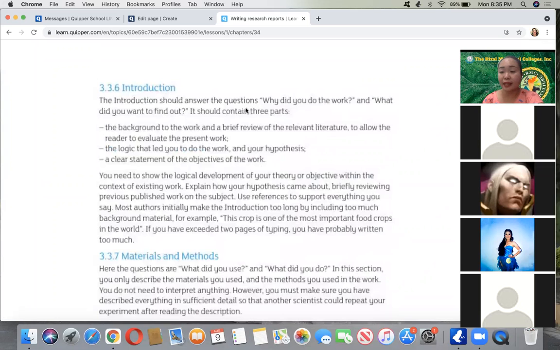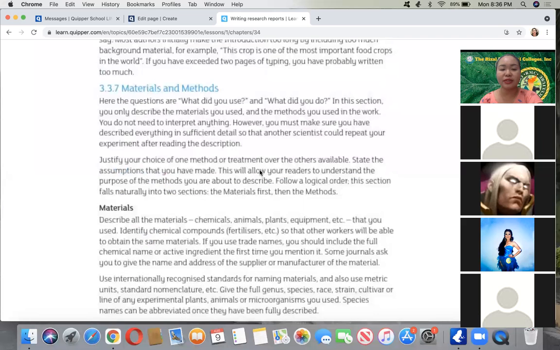Part of the IMRAD, again, introduction. As you can see, in your introduction, you should be able to present these three: the background of the work, also incorporating the relevant literature, and the logic or the reason behind your hypothesis, and also why you conducted the study, and most importantly, the objectives of the work. And then in your materials and methods, this includes the questions: what did you use and what did you do?